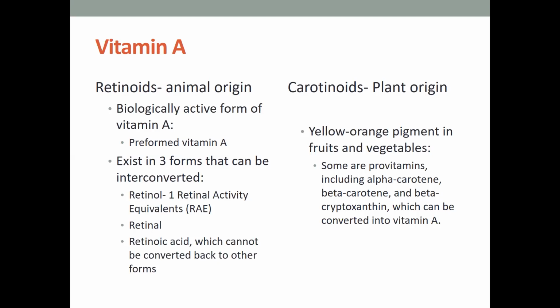Carotenoids, you've probably heard of. When you think about yellow and orange fruits and vegetables, the most famous example would probably be carrots. They are considered provitamins. This includes alpha carotene, beta carotene, and beta cryptoxanthin, and they actually can be converted into vitamin A within the body, right?